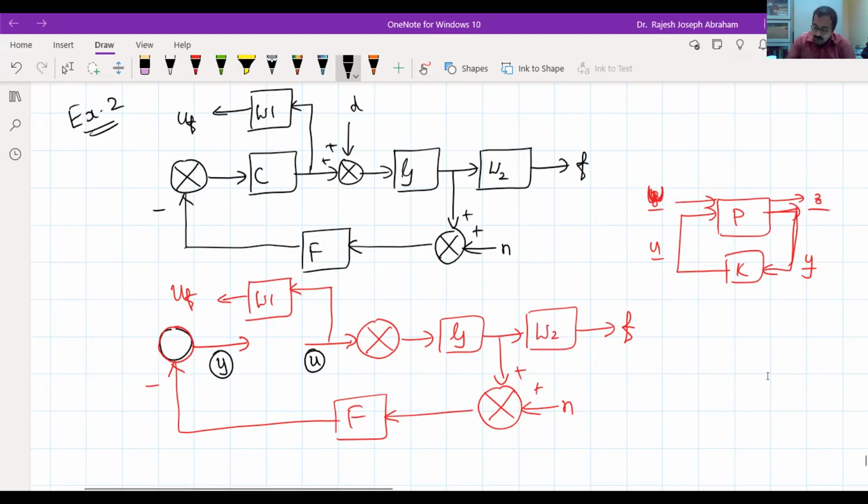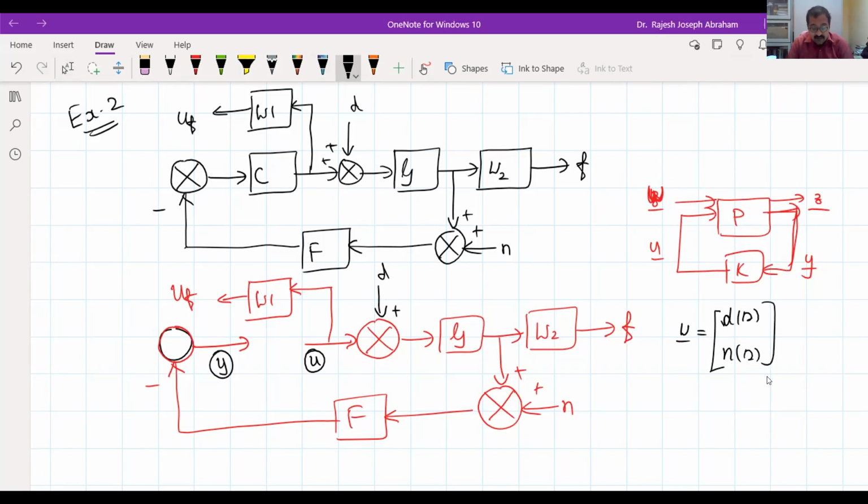Now we need to identify what W is. W means the exogenous input. So what are the exogenous inputs? There is the disturbance D. So W is nothing but D of S and N of S. W of S is the vector of the exogenous inputs.